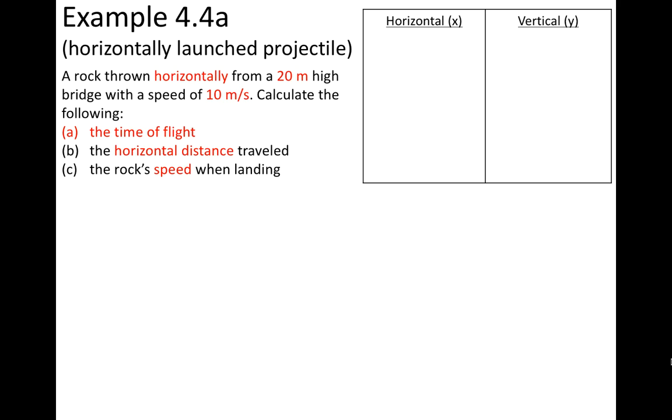And when we do this, we have to make a column for the horizontal motion and another column for the vertical motion, because we have to keep the x and y directions separate. So the variables that we can possibly find, it helps to list out. And I'm going to do this on both sides, both columns, the same information.